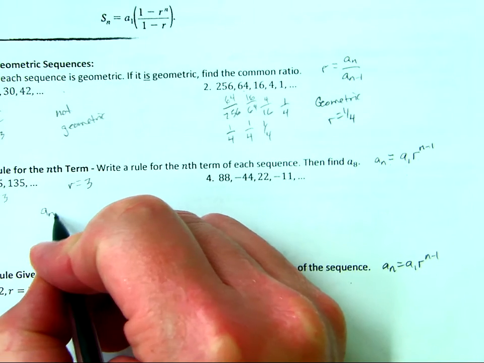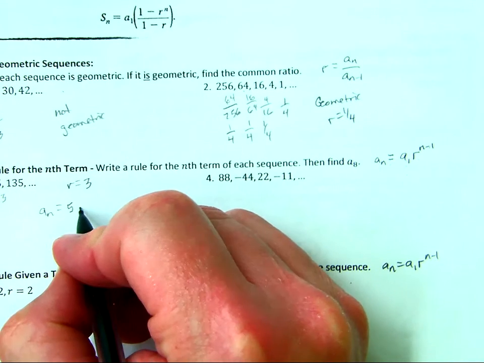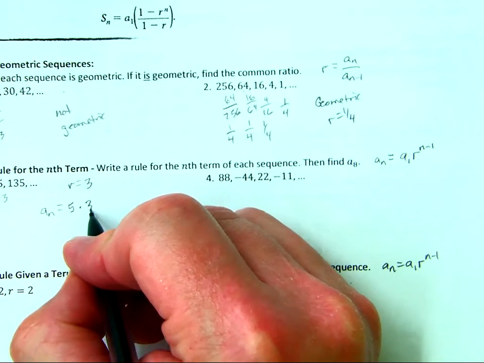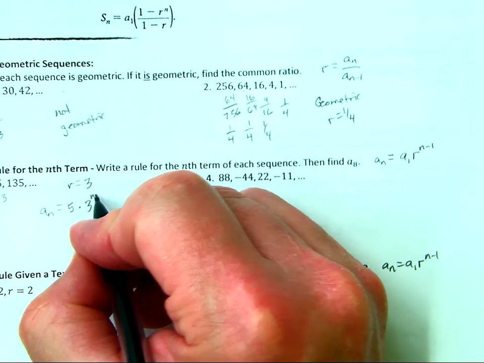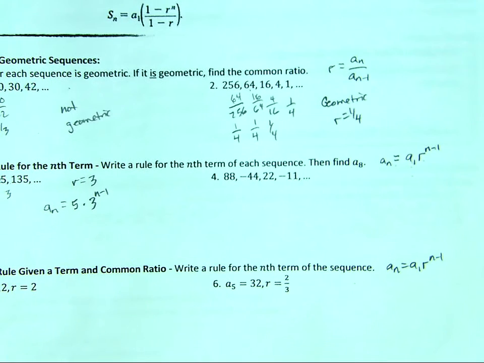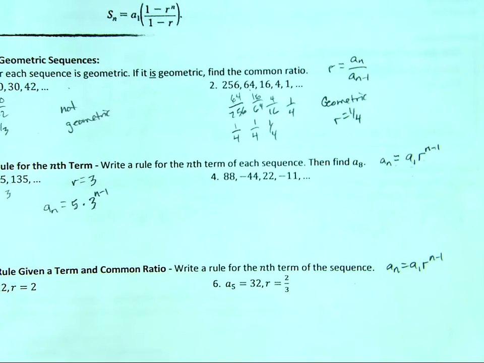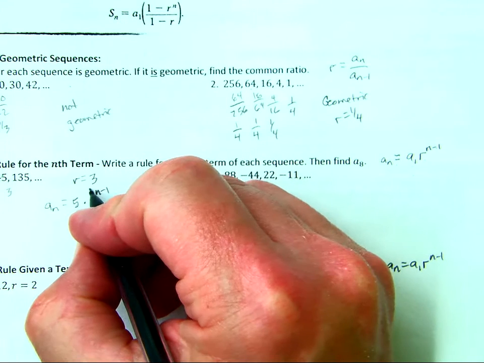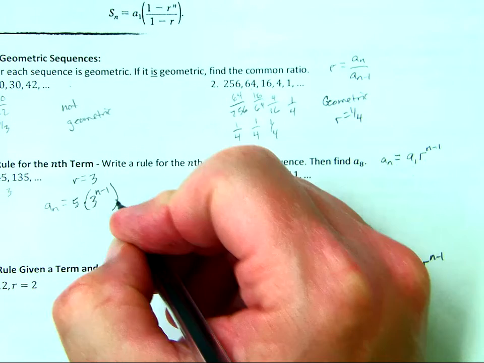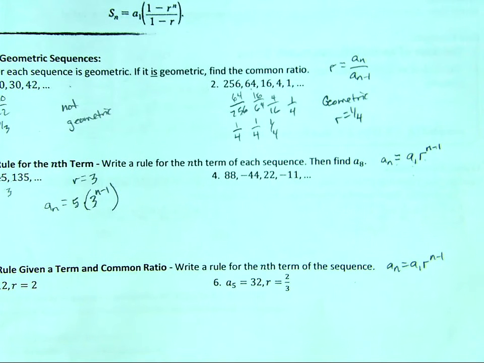So a sub n equals the first term, which is 5, times r, which is 3, and that has an exponent of n minus 1, and that's your answer. Then you cannot do anything else to that. Do not multiply the 5 and the 3. In fact, I almost like it better sometimes if you put this in parentheses, if that would help keep you from multiplying that.